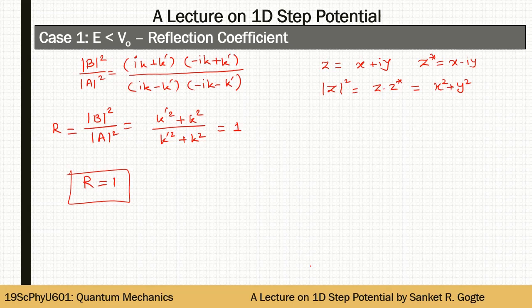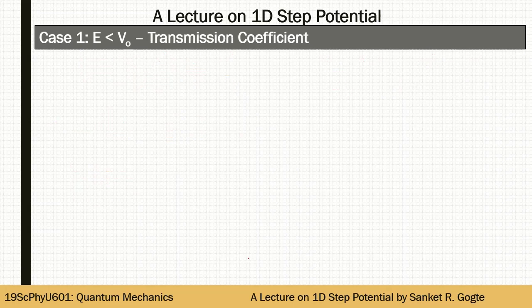Okay, now let's find the transmission coefficient T, which is going to be, along the same lines, J transmitted divided by J incident. But we have already figured out that J transmitted, the probability current density of the transmitted particle, is equal to 0, and therefore T is equal to 0, and this should be obvious.